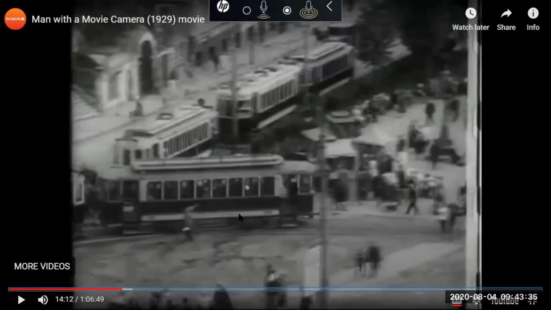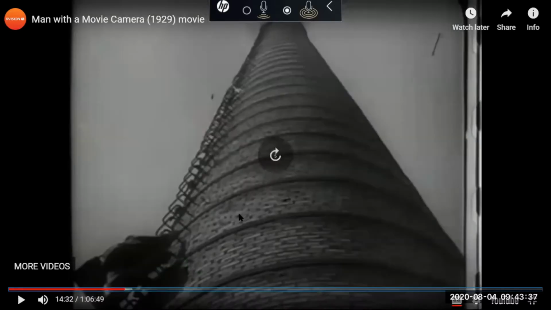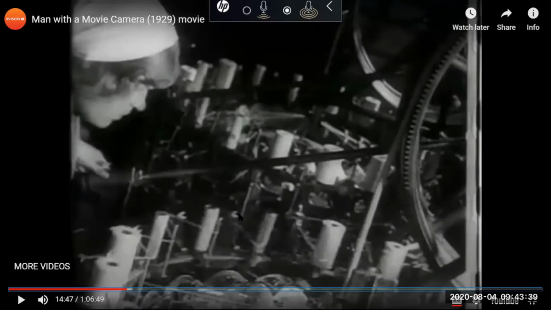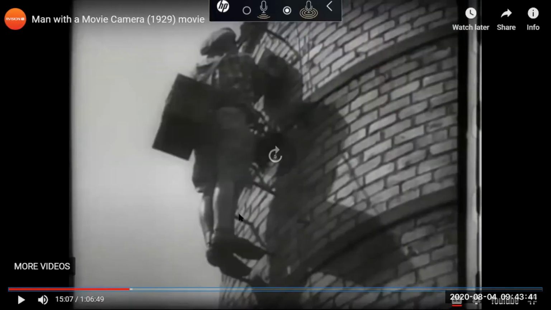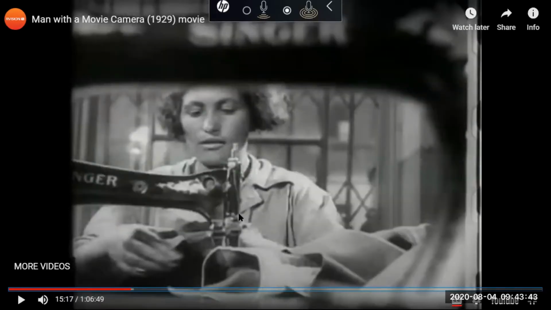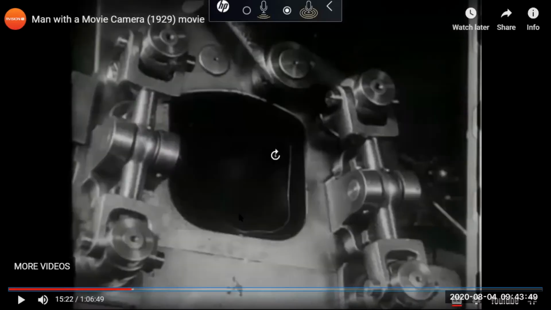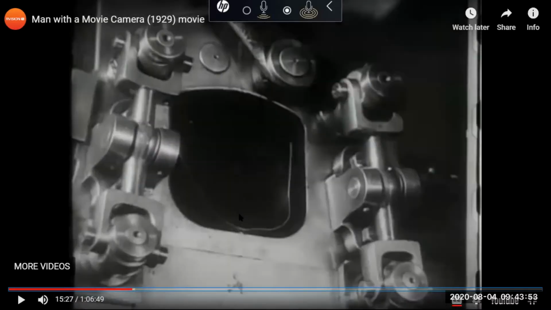Okay, and then you also see close-ups of children and this woman working on the sewing machine. So this is again, and then you see close-ups of the machine.